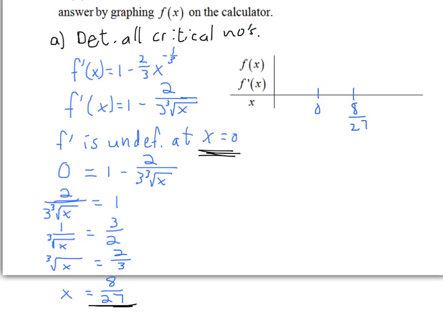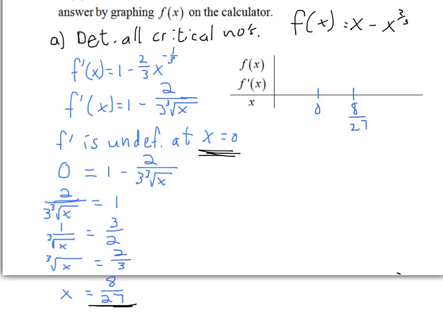That goes all the way back to f of x. Looks like I've lost my function f of x, so let me write it back up here. f of x is equal to x minus x to the 2/3, I believe. Yes, 2/3. So let's see if we can figure out what f of 0 is and f of 8 over 27 is.